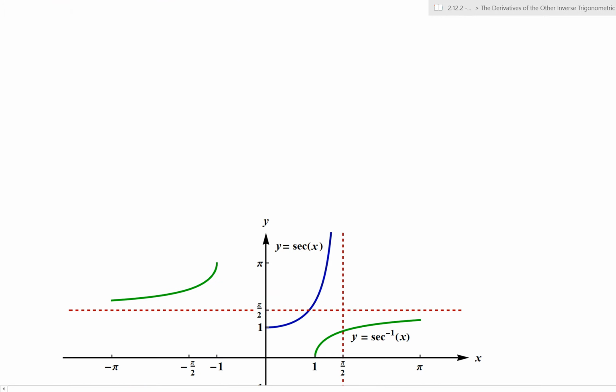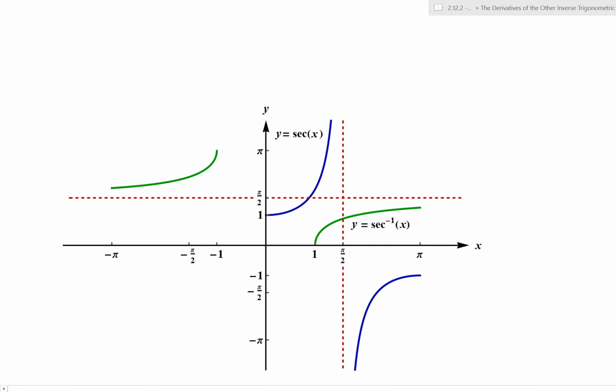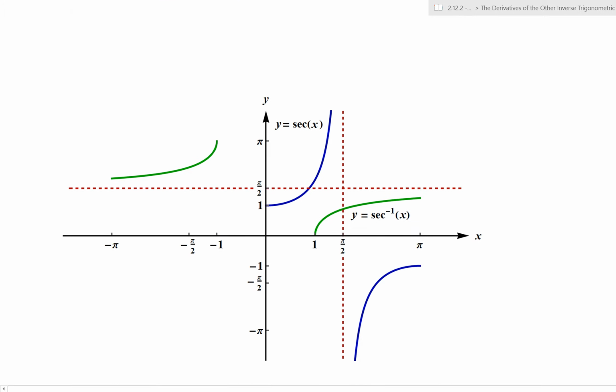When we do that, and a lot of this is just a refresher, we get this picture. The blue graph there is the graph of the secant function over the interval from 0 to pi. And then the green graph is the corresponding inverse, secant inverse of x. As we can see, its domain is negative 1 all the way down to negative infinity, and then 1 to infinity in that direction.